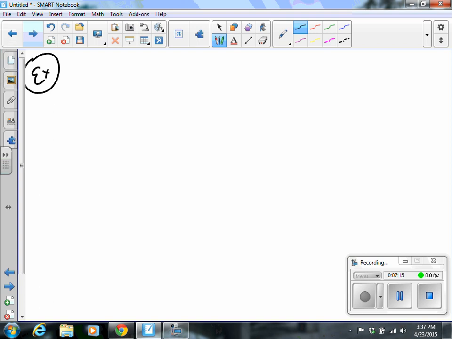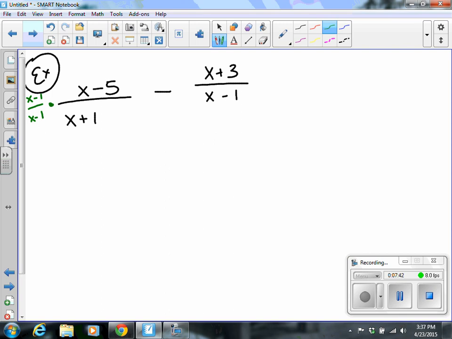So for this, I've got (x minus 5) over (x plus 1) minus (x plus 3) over (x minus 1). It's the same concept. I'm going to multiply by the denominator to both sides. So on the left here, I'm going to multiply by (x minus 1) over (x minus 1).